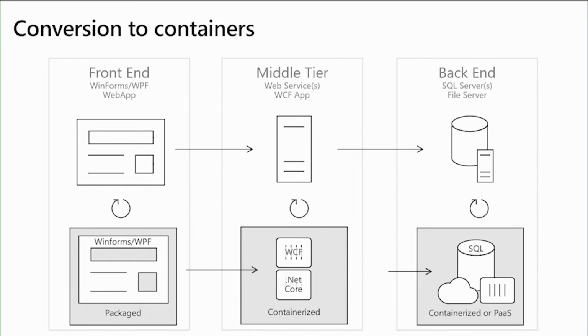So we can package that application up, make it easy to redeploy it, easy to move it around, easy to rebuild it, patch it, all of the great new management capabilities. And we'll talk a little bit about how we can do the same thing with our backend, either leveraging containers and packaging up SQL. We've got a great resource at the end for a private preview of SQL Server, or we can take advantage of a PaaS service if we're using a cloud like, of course, Azure.